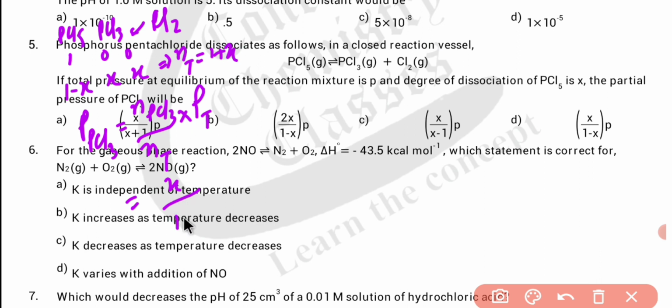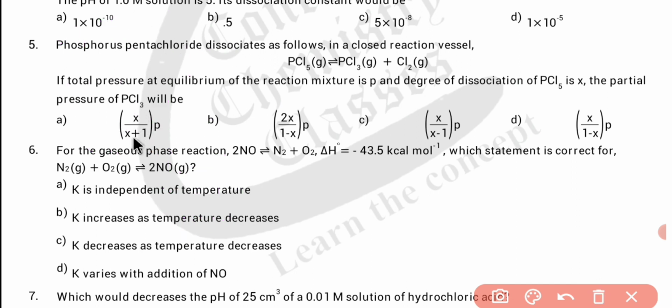So x by 1 plus x multiplied by P. This is the expression for the partial pressure of the gas PCl3 at equilibrium. So the correct answer is A, x by x plus 1, P.